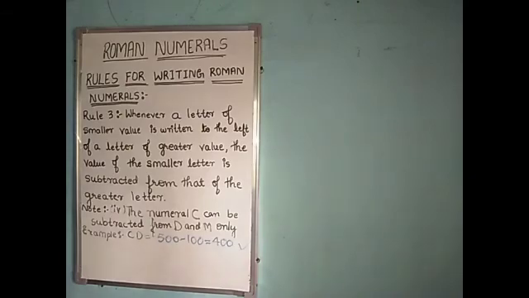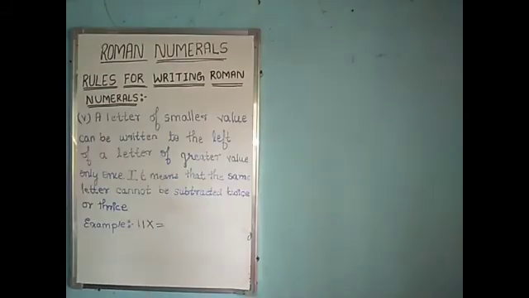It cannot be subtracted from I, V, X and L because the numeric value of I, V, X and L are smaller than numeric value of C. What is the fourth condition? The numeral C can be subtracted from D and M only.